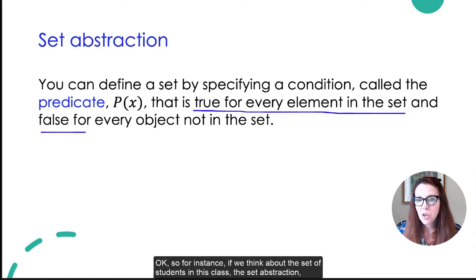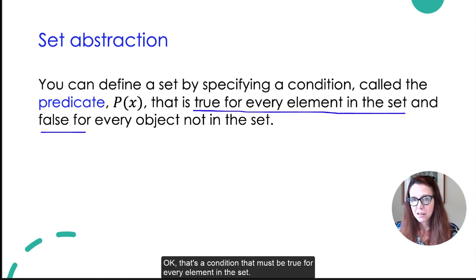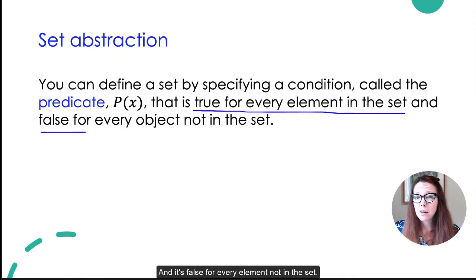Okay? So, for instance, if we think about the set of students in this class, the set abstraction, the way that I would use that is the predicate would be that you are registered for CSCI 1315 at Dalhousie. Okay? That's a condition that must be true for every element in the set, and it's false for every element not in the set.